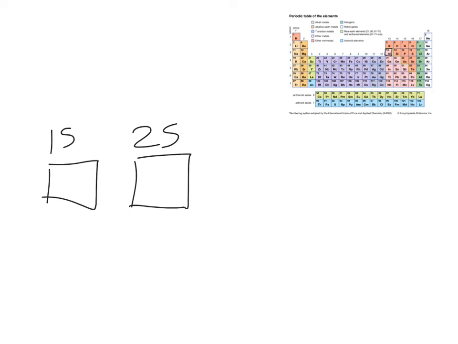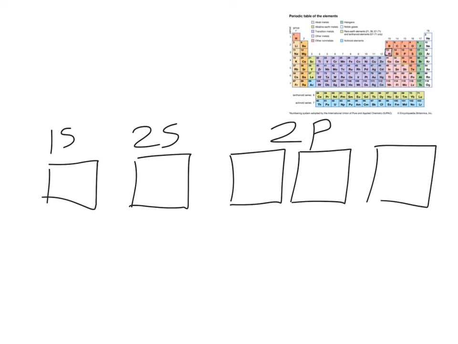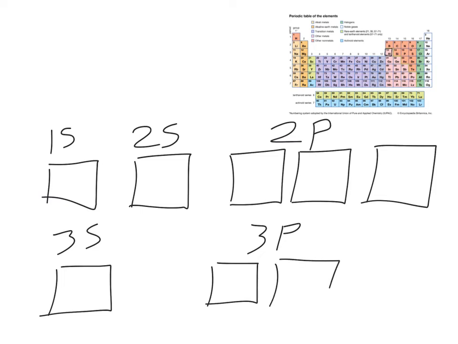But then we had the 2p, and it has 3 different orbitals in it. Then we had a 3s, and it's just going to have the one orbital, and followed by the 3p. That's 5. And it has 3 orbitals in it.